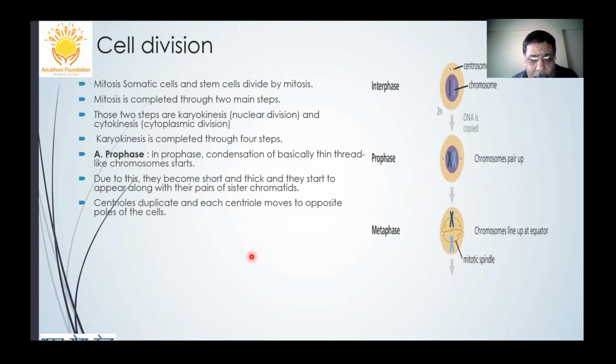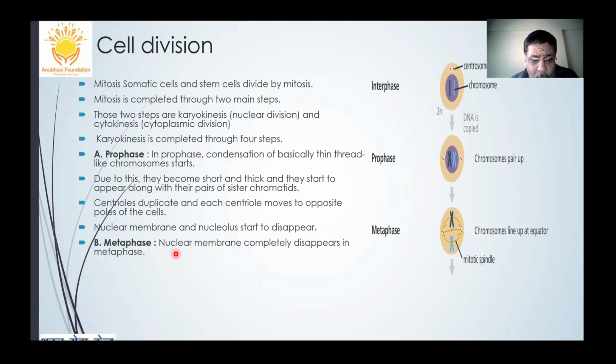Centrioles duplicate and each centriole moves to opposite poles. In animals, or human beings also, there are centrioles which will move towards the opposite pole. You can see these centrioles moving towards the opposite pole. Nuclear membrane and nucleolus start to disappear, and this completes the prophase.